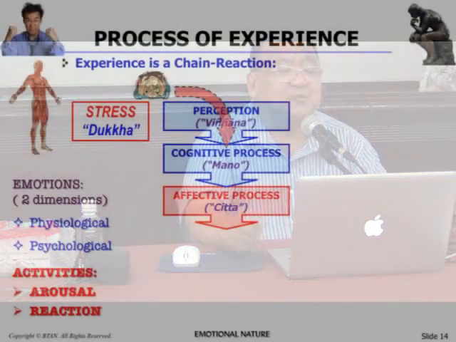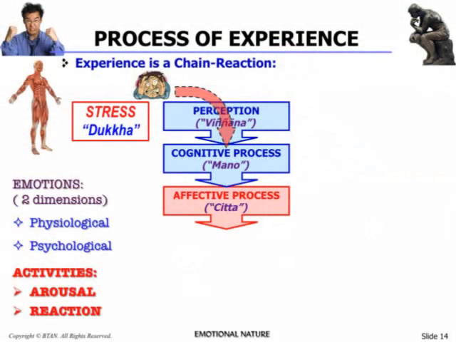Because emotion is not just one thing. Emotion is made of two dimensions. First is what I have described, the physiological dimension. The second is the psychological dimension, which is the mental part of emotion.